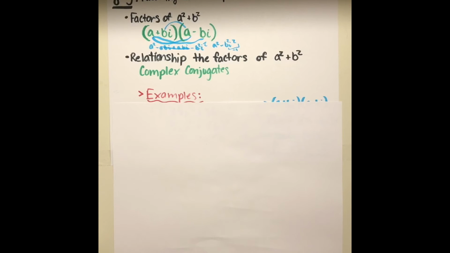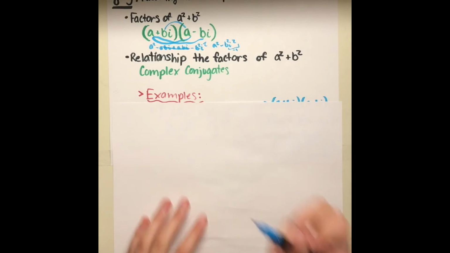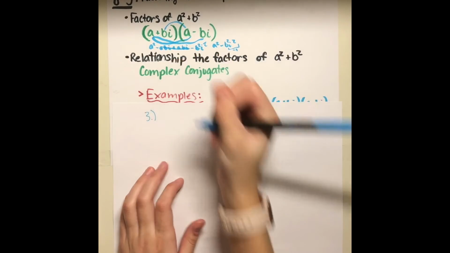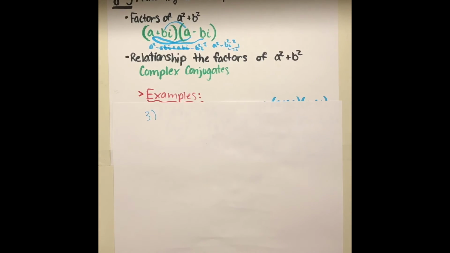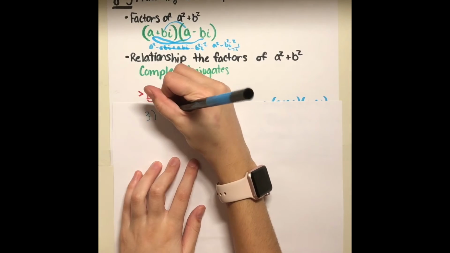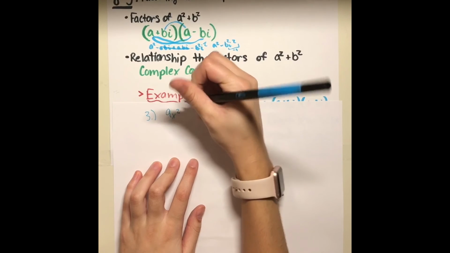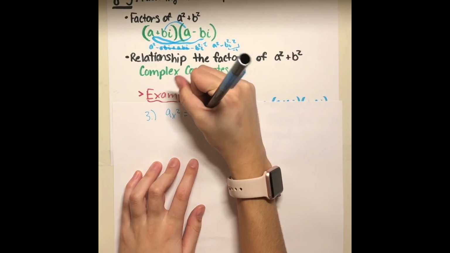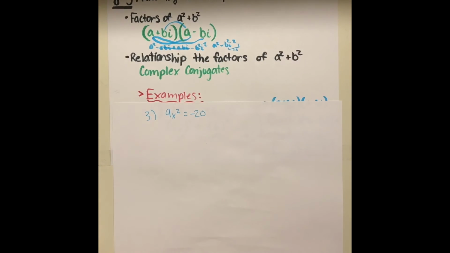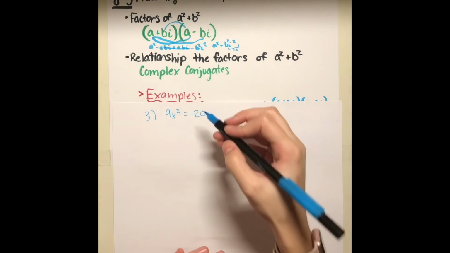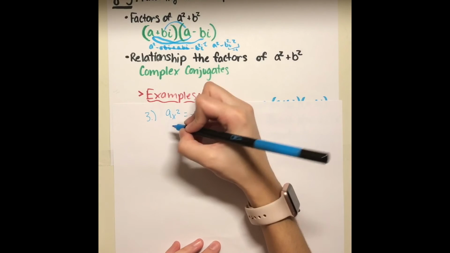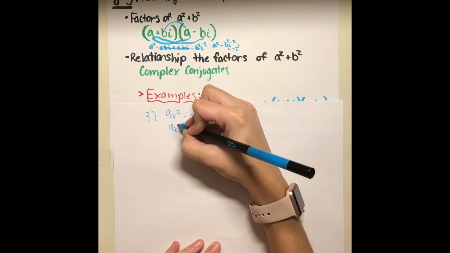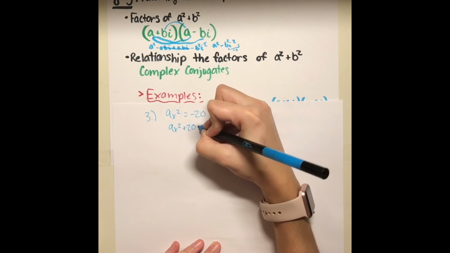It's a little harder than the past 2 examples. If I give you 9x squared equals negative 20, first we want it in the form of a squared plus b squared, so we can move the 20 over. So it'd be 9x squared plus 20 equals 0.